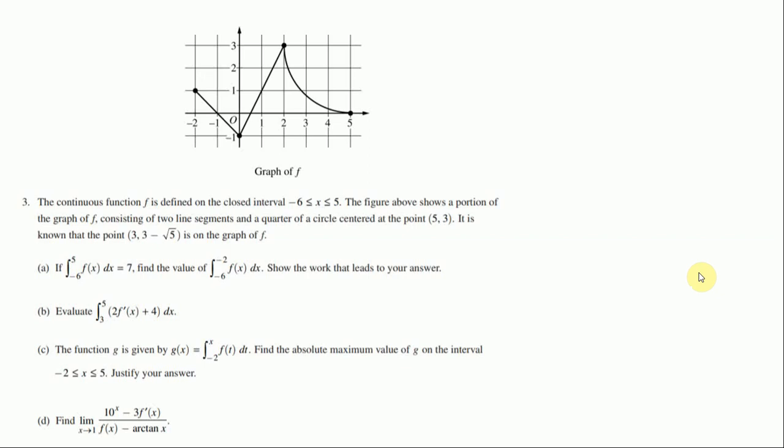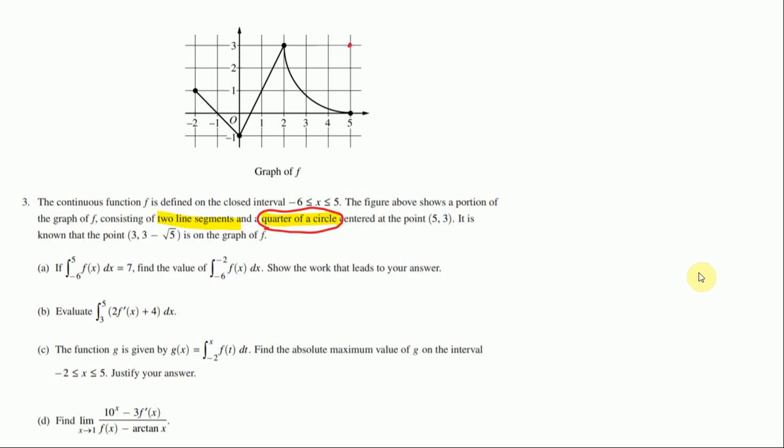So right off the bat, let's highlight, let's see, two line segments could be useful. Quarter of a circle will definitely be useful. Let's put that in a little red circle right there. And it's centered at the point (5, 3). Well, let's just put a little point right there.